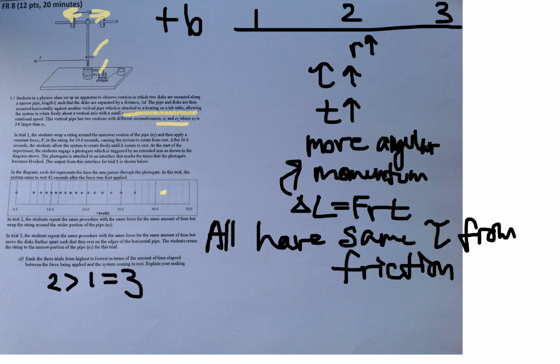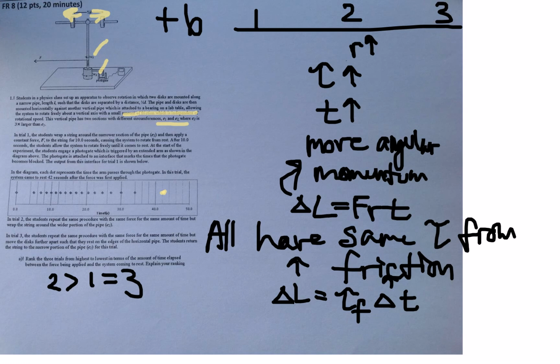And then indicating that since this one needs a larger change in momentum to stop, and if our torque from our friction is all equal, if this is larger, that means we're going to need more time to make it stop. So that essentially concludes why 2 is going to take the most time.